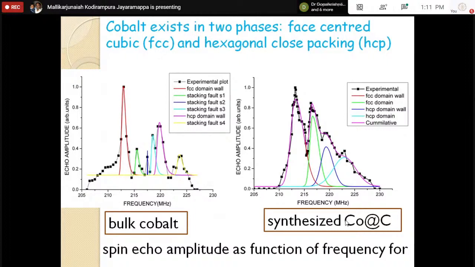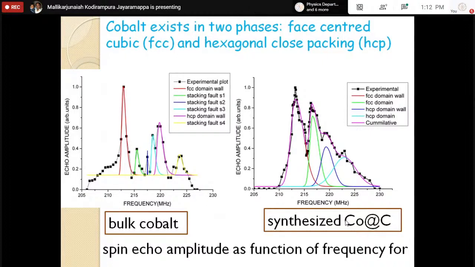And the beauty of this zero field NMR is that by analyzing the spectrum, we can always estimate which portion we are looking at. Whenever we are considering FCC, the domain wall will give one particular NMR signal, and the domains themselves give another NMR signal at another particular frequency.